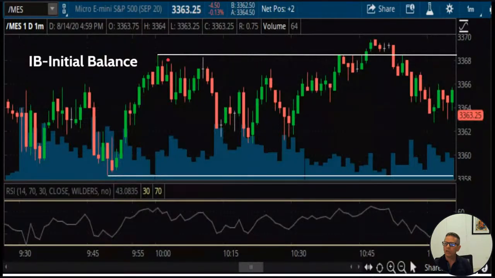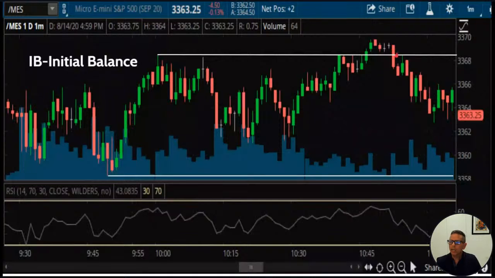If the market had kept going up, and let's say it stopped here, then you would have taken this line up, and that would have been the initial balance level, because it's before 10:30. So it was established at this time, and it never broke until after 10:30, and this is where it broke. A lot of traders use this, and you can use it in different ways.